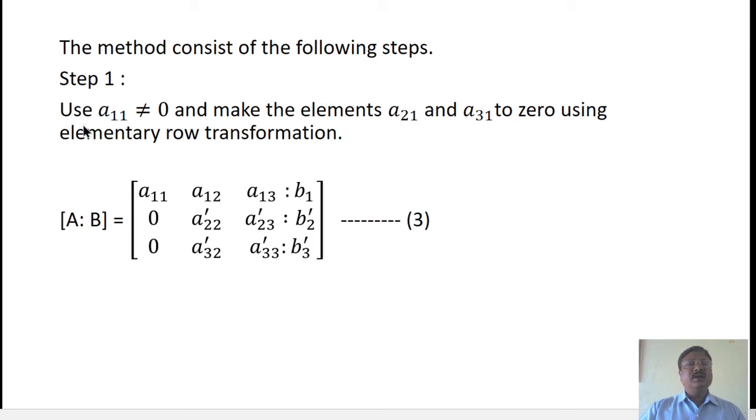Step 1. Here we are using a11 not equal to 0 and make the elements a21 and a31 to 0 using elementary row transformation.